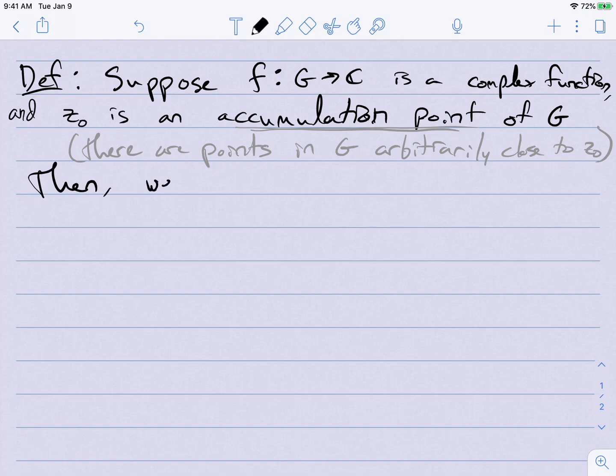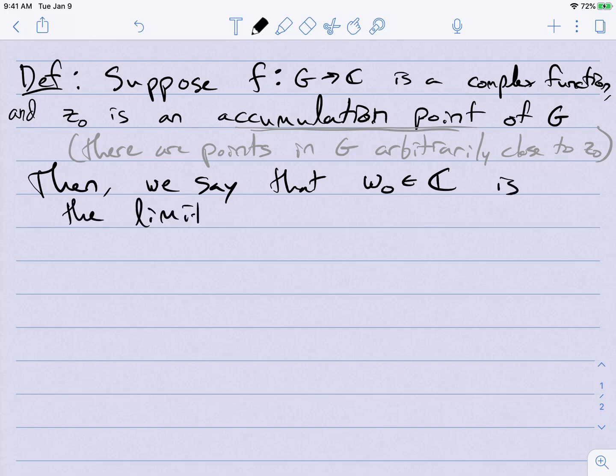So then we say that a point w naught inside of C is the limit of f as z approaches z naught if, now this is going to look familiar, the usual epsilon delta definition of a limit.